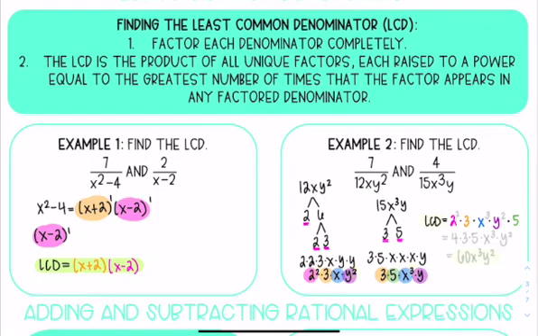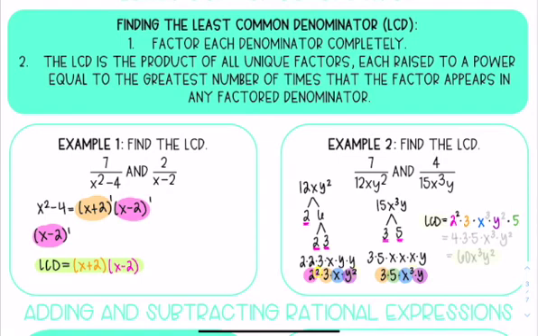So let's look at 2 first. The highest power that's present is the 2 squared. So this needs to be raised to the second power. What about 3? Both of our 3's are raised to the first power, so that one doesn't need to change.